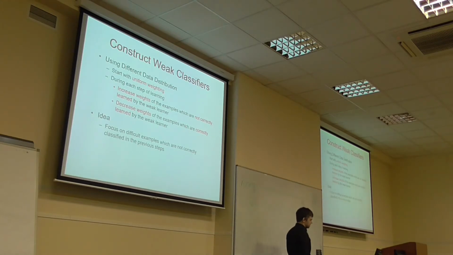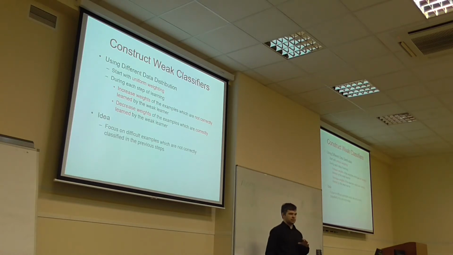The idea is like this. We start with uniform weighting, and then we increase the weight for those examples which are not correctly classified, and decrease the weights of those which are correctly learned. Or it can actually be the opposite, depending on the implementation. So we focus on learning from difficult examples which were not correctly classified in the previous step, because it's not a big deal to learn from easy samples.